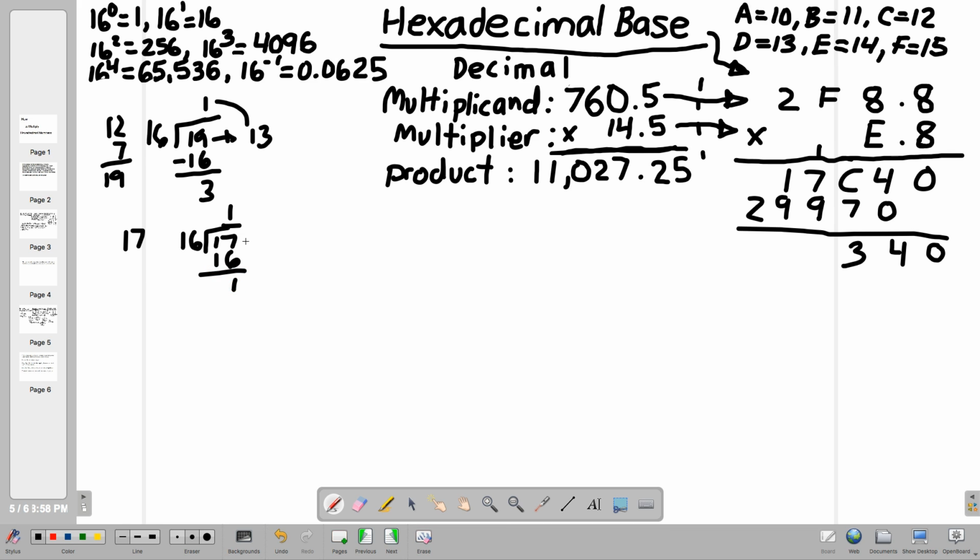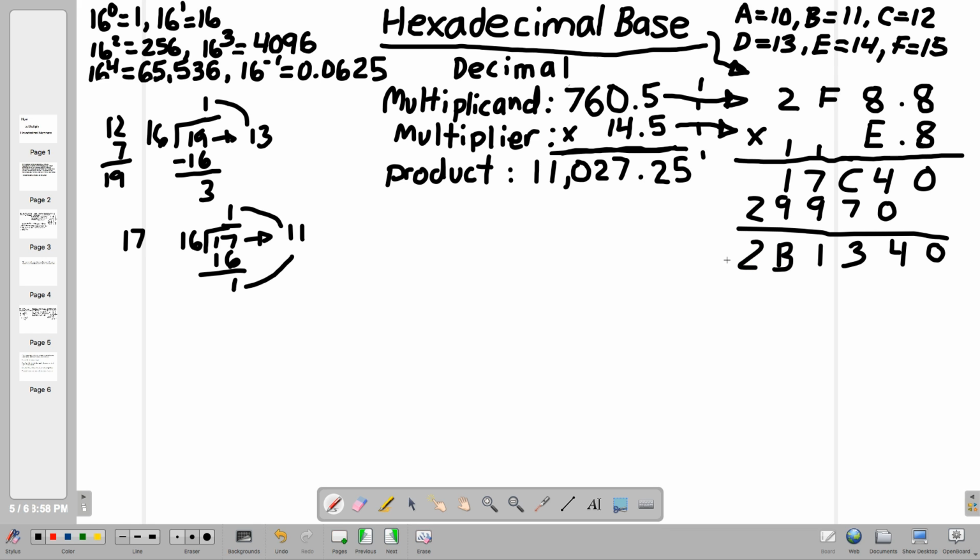So that's saying that in decimal, the number 17 is represented in hexadecimal as 11. So that means that 1 goes here and the 1 is carried. 9 plus 1 plus 1 is 11, but we say 11 is represented by the letter B. And then 2 is by itself, so that's just come down.